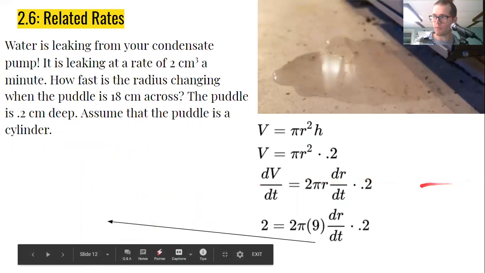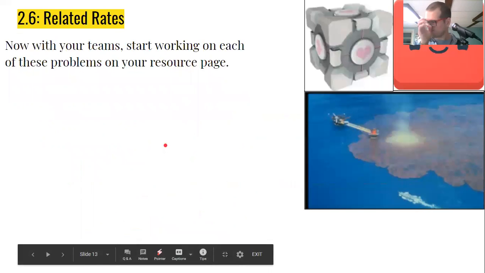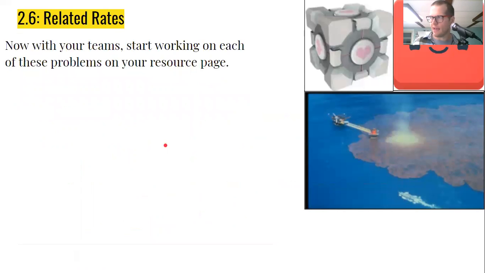So there are three more problems. There's an oil spill problem, a happy square, and a companion cube. What I'd like you to do is, if you have the opportunity right after this class, try to do the next two problems, the happy square and the oil spill.